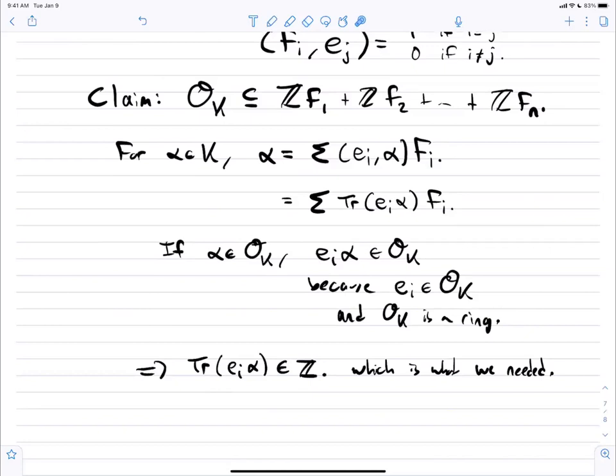So that concludes the proof of finiteness, because we put OK inside this finitely generated Z-module. And Z is Noetherian, so that means OK is finitely generated. This finishes part 4 of the theorem.